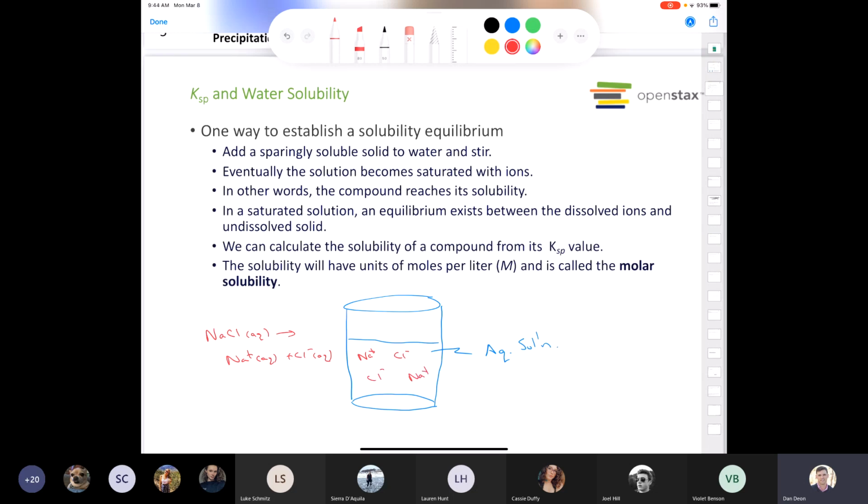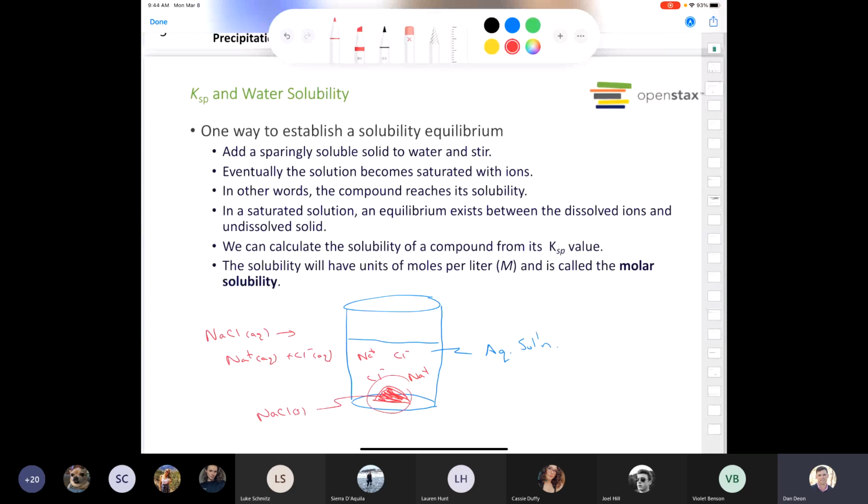Now, if I add enough sodium chloride so that the solution becomes completely saturated, I'm going to end up with some solid sodium chloride on the bottom, aren't I? Once I've reached the maximum solubility and add too much, I'm going to have solid sodium chloride in there. To the naked eye, if you just leave that vessel undisturbed, it looks like nothing's happening.